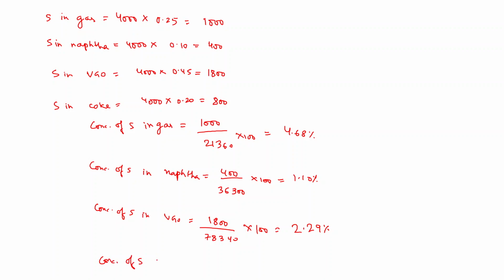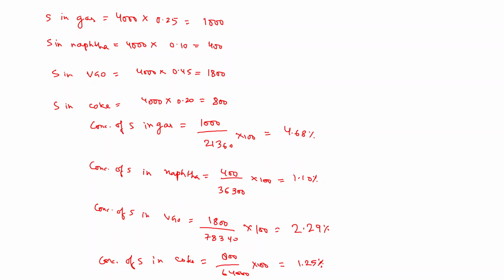The concentration of sulfur in coke. The sulfur in coke is 800 upon total coke, which is 54,000, into 100, which will be giving us 1.25% sulfur in coke.